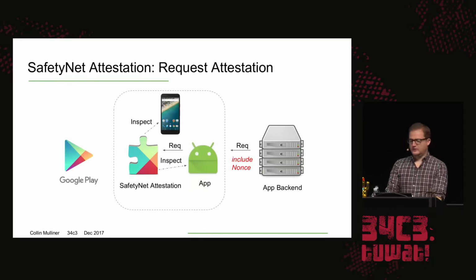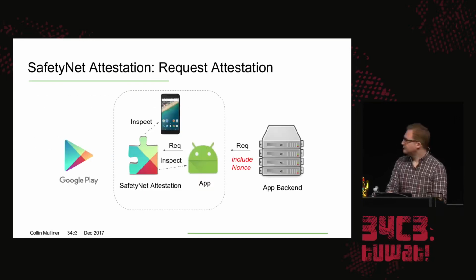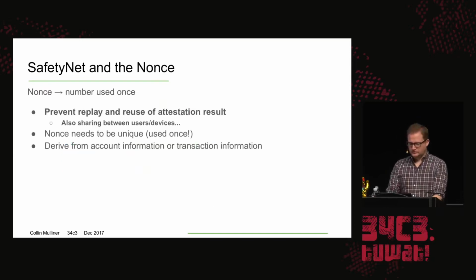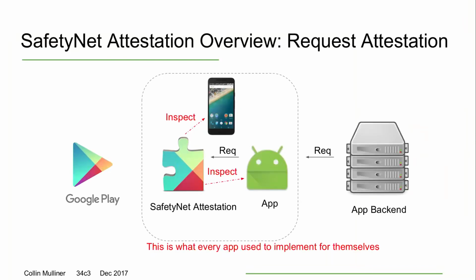The app will then call the SafetyNet Attestation API, and in this step, the attestation code on the device will inspect the device itself, like the operating system, was it rooted, and then it will also inspect the actual application. Some minor detail: in the call, there should be a nonce to prevent replays. It's just for documentation.